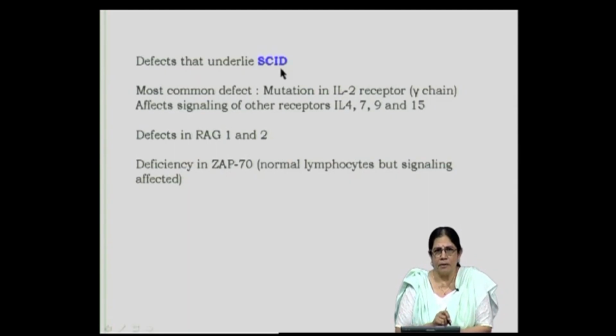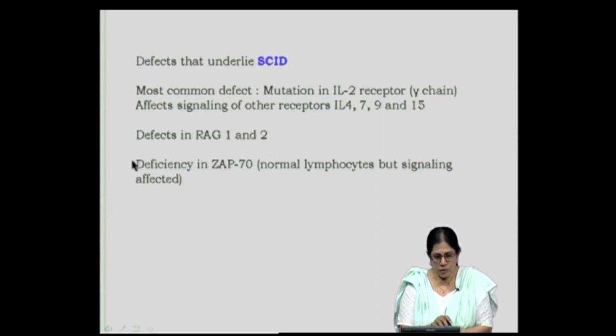You might remember that I said there are mice that do not have RAG1 and 2, and these mice therefore lack lymphocytes and can be used as animal models for adoptive transfers of lymphocytes from other animals. RAG1 and 2 deficient mice are very good animal models for studying immune responses restricted to T and B cells.